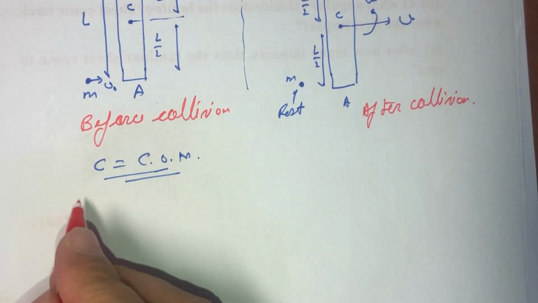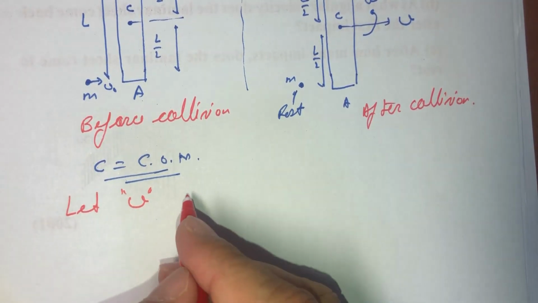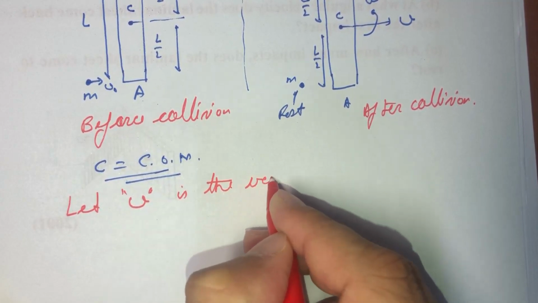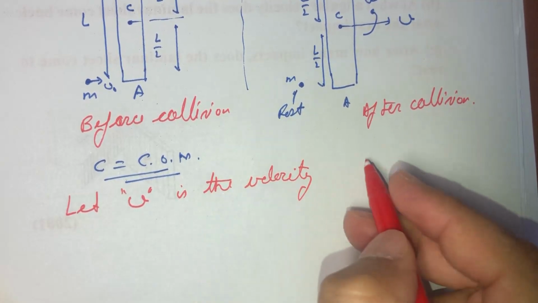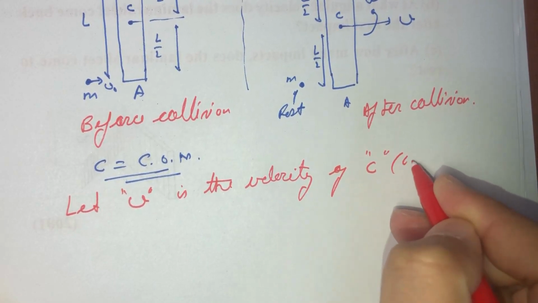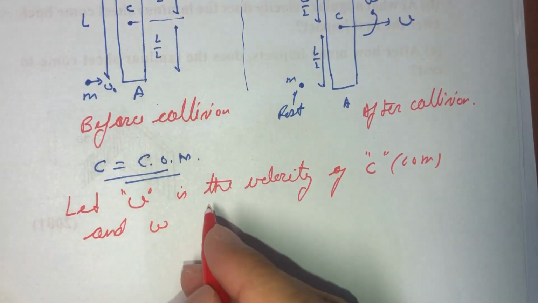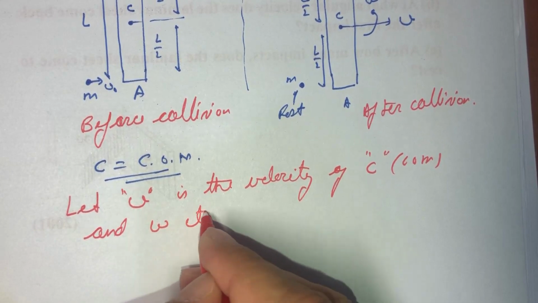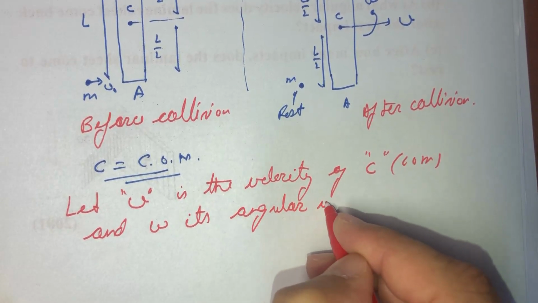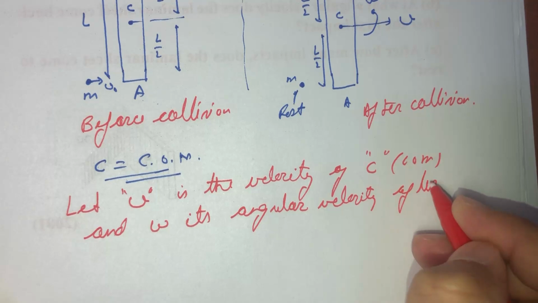Let V be the velocity of C, that is the center of mass, and omega its angular velocity after collision.